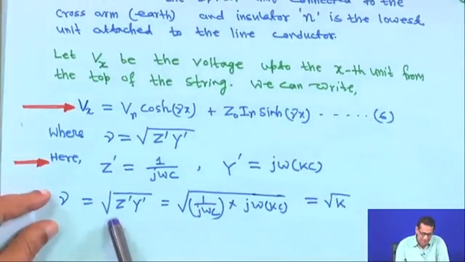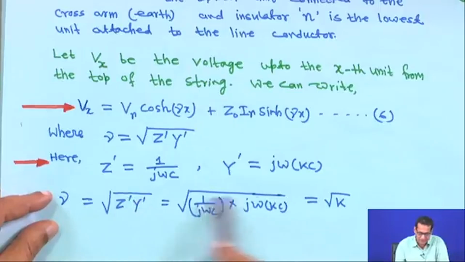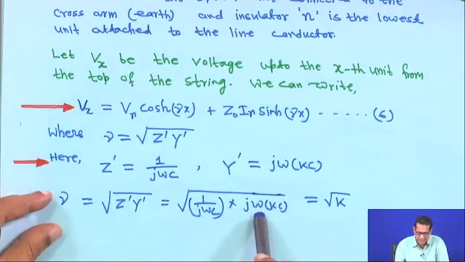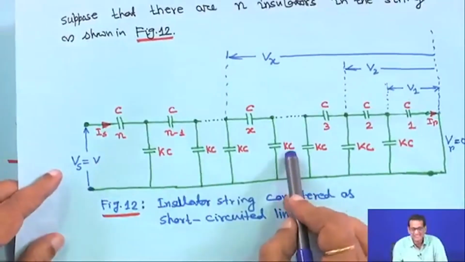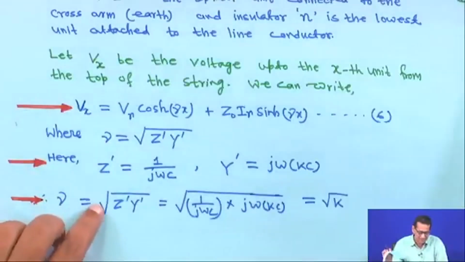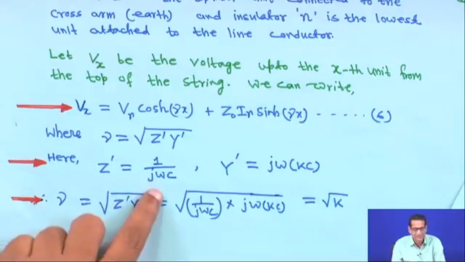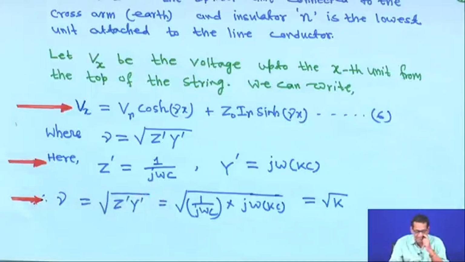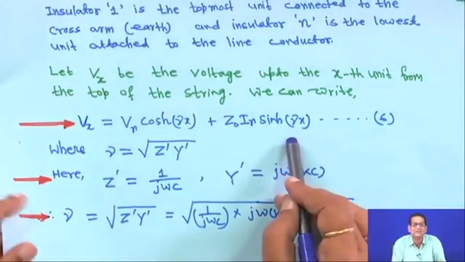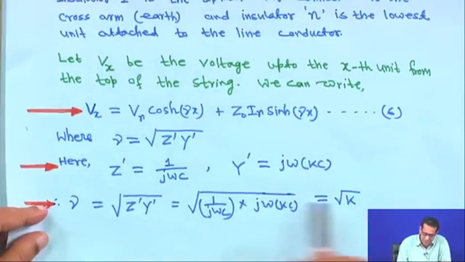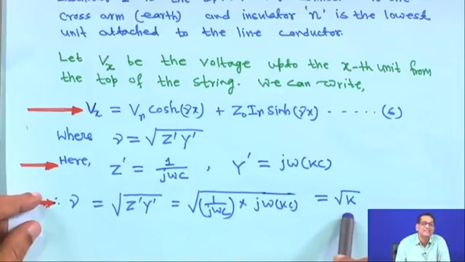Therefore, gamma is equal to root over z dash y dash, that is root over 1 upon j omega c into j omega k c. Here line reactance is not there, but the philosophy remains the same. So, gamma finally comes to root over k.